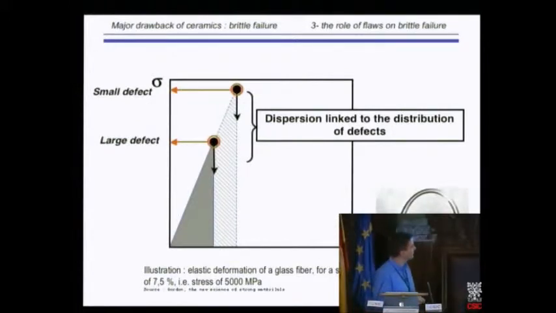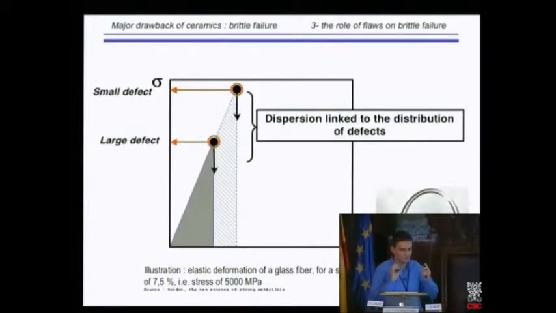And here is an example, which is quite old but really spectacular, of a glass fiber which has been strained to 7.5%. So large deformation and no breakage. And the stress here is 5 megapascal. So this small glass fiber, without defect or with very, very small defects, can resist high stresses.